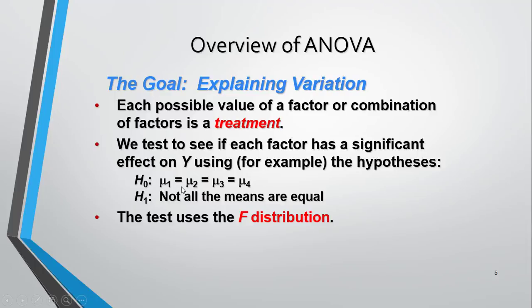H0 is mu1 = mu2 = mu3 = mu4. They're all the same. They're all equal. That means the four groups, in this case, that we're comparing all have the same means. For example, if your business has 4 factory locations, you want to see if the products they produce at each of the 4 locations are the same with regard to quality, with certain features of the product.